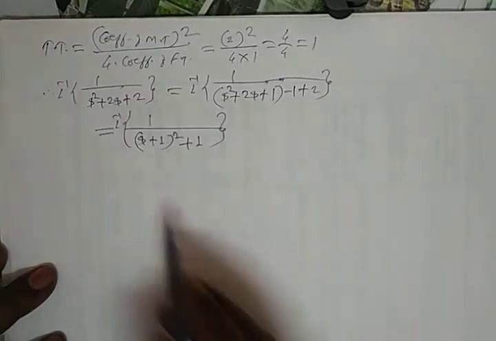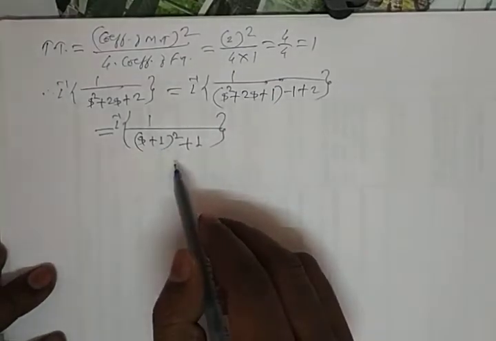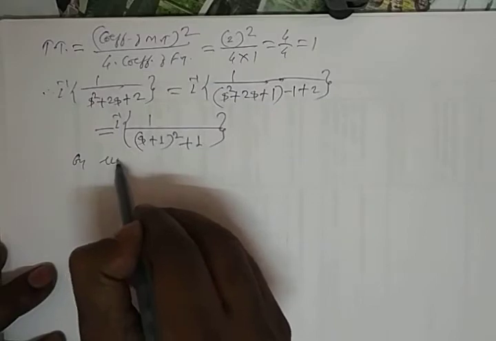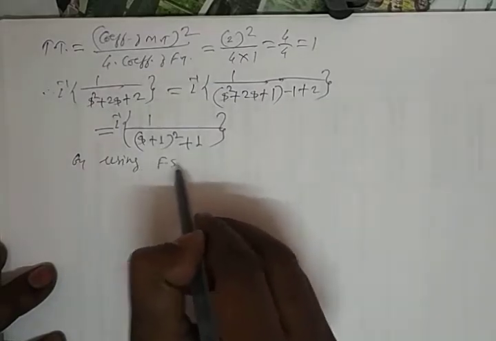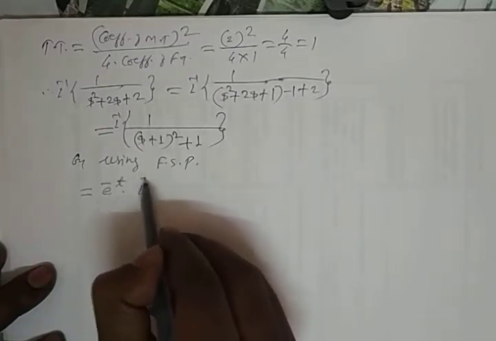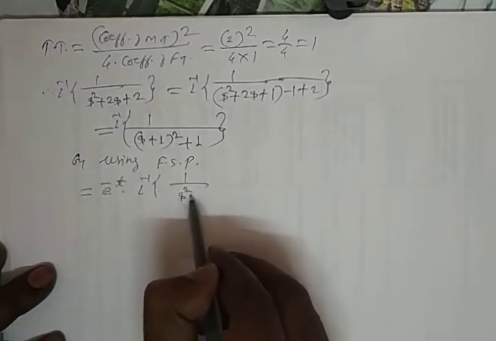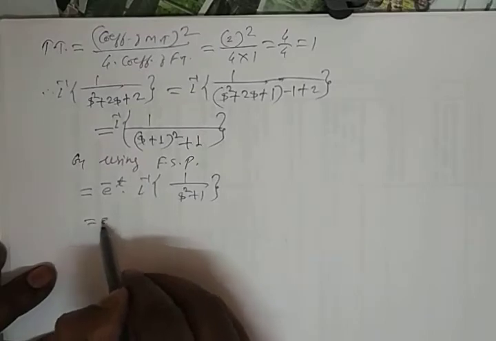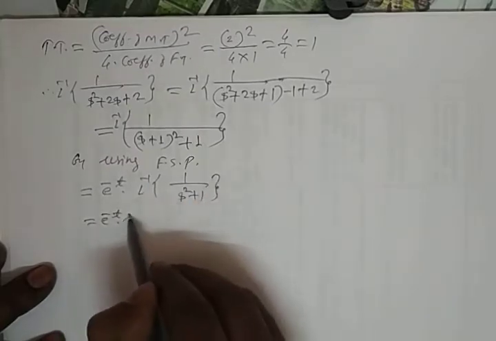Now this we can solve by using first shifting property. By using first shifting property, e raised to minus t Laplace inverse of 1 upon s square plus 1, e raised to minus t into, what is this? This is sin t.